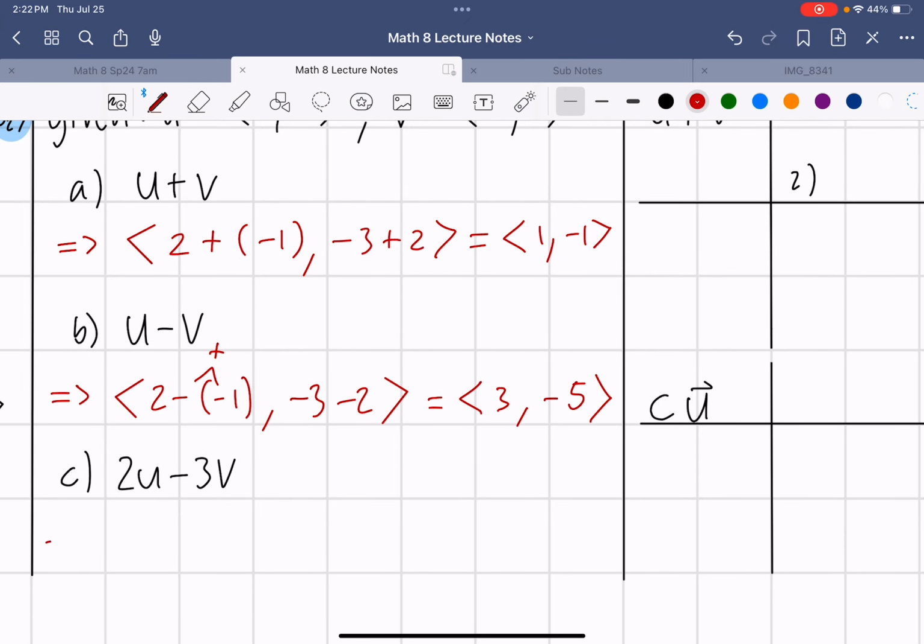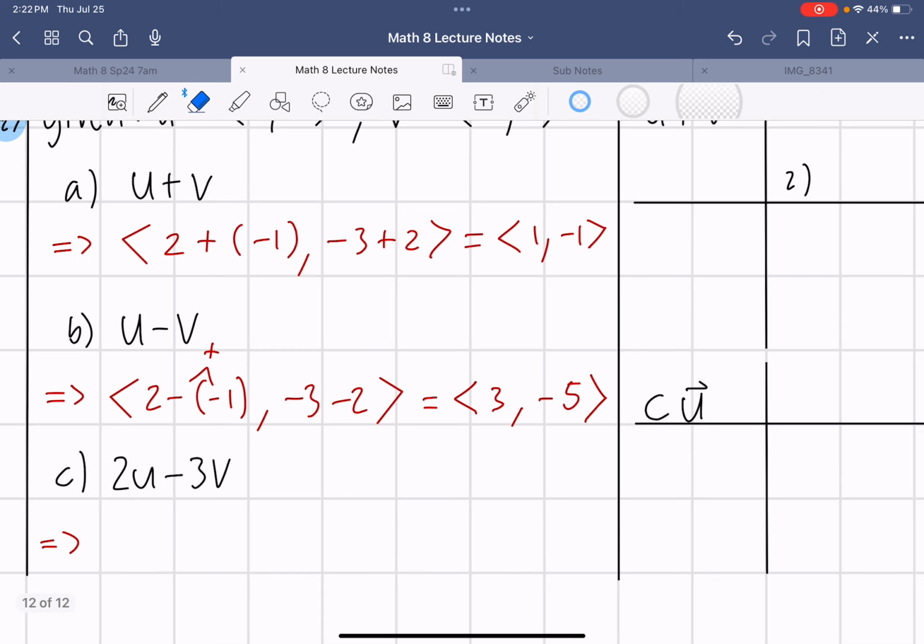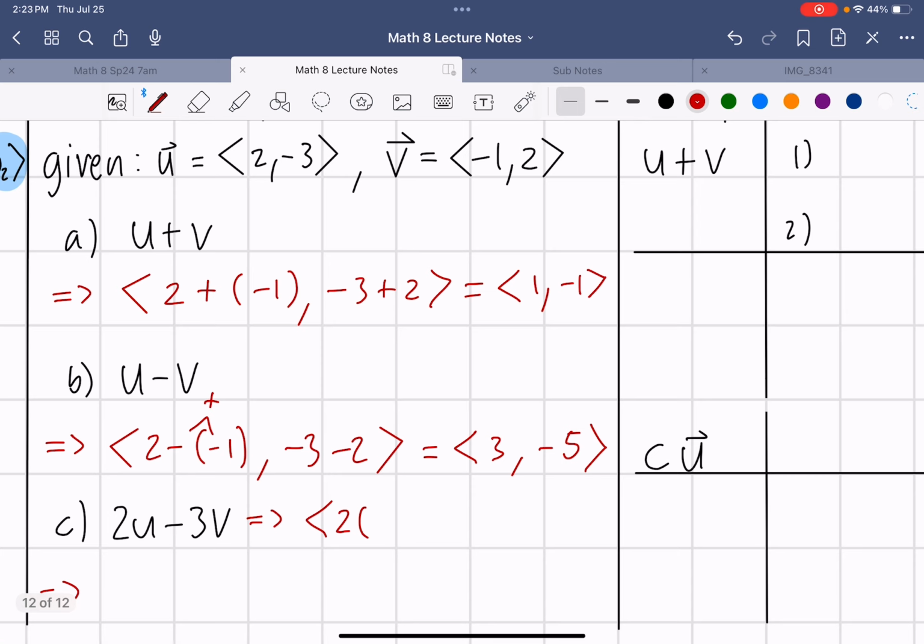And this next one involves a scalar multiplication. So I'm going to do this one in 2 parts. 1, so 2u. So 2u is taking 2 times 2, right?